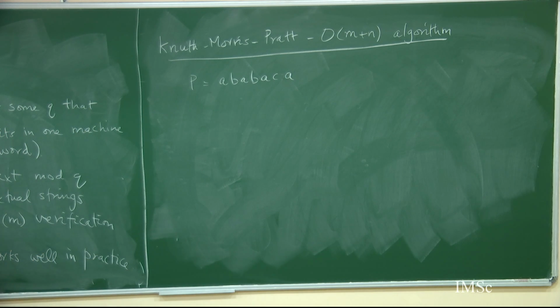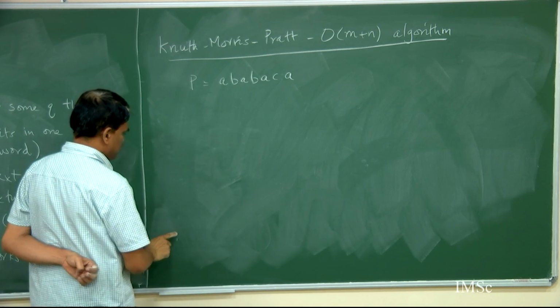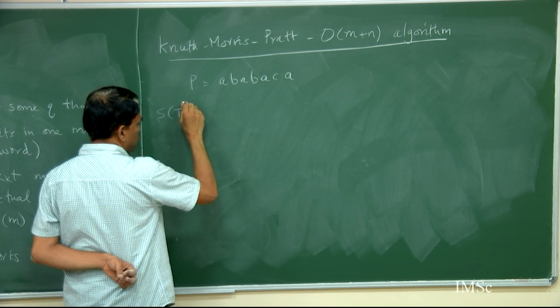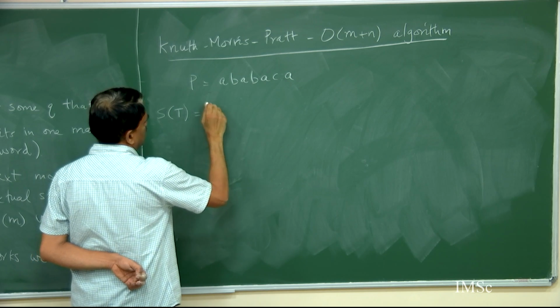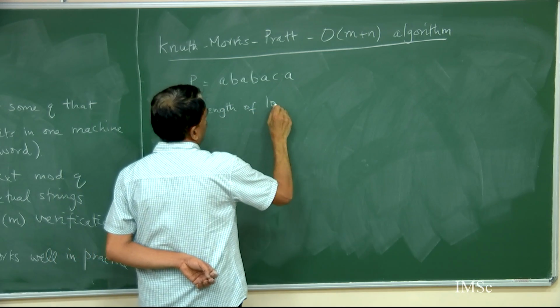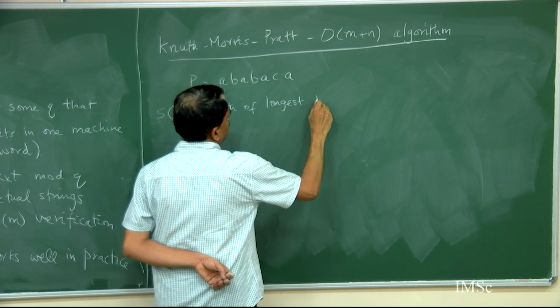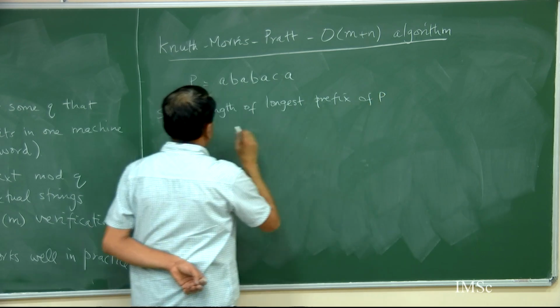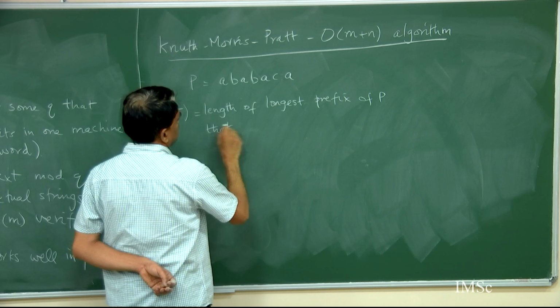So, we will come up with something like a suffix function. Let us recall what is a suffix function. S of t with respect to a pattern is the length of the longest prefix of p that is a suffix of t.